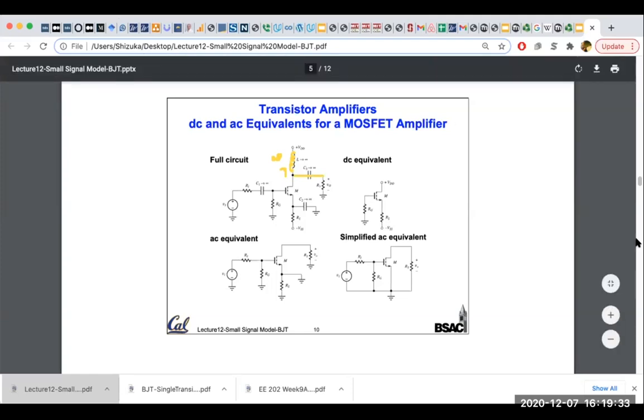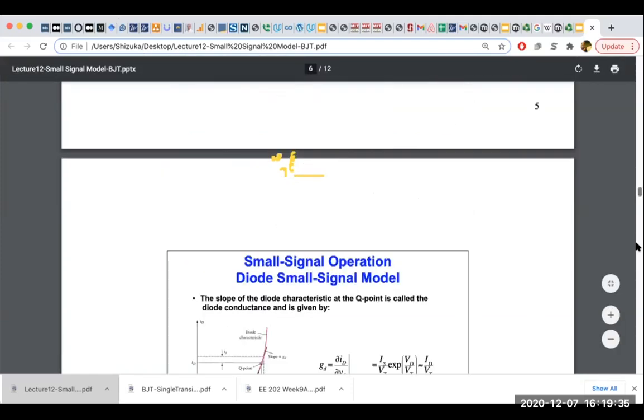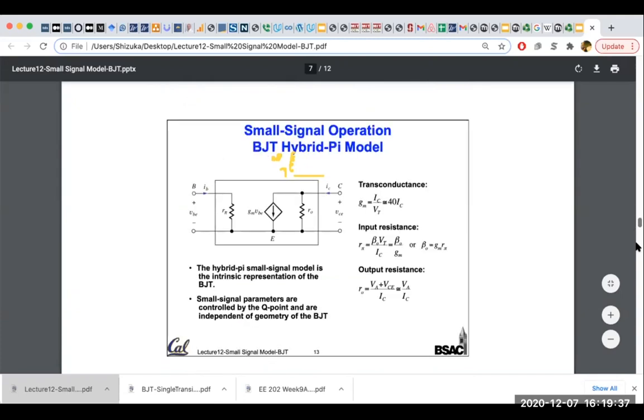This is all new stuff for you, so you should definitely study. And for the BJT, the logic is the same for the small signals. But in CMOS, you didn't have a resistance.